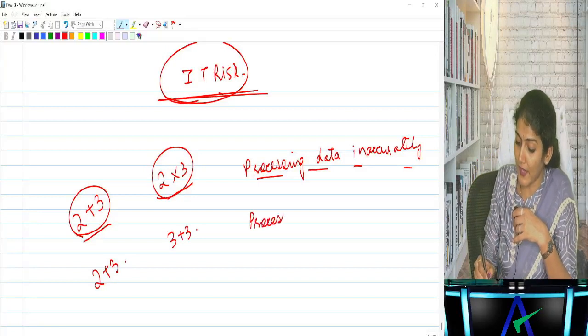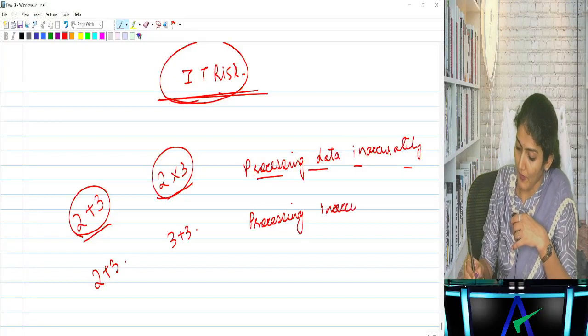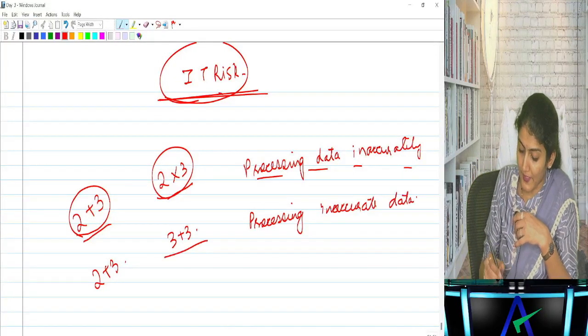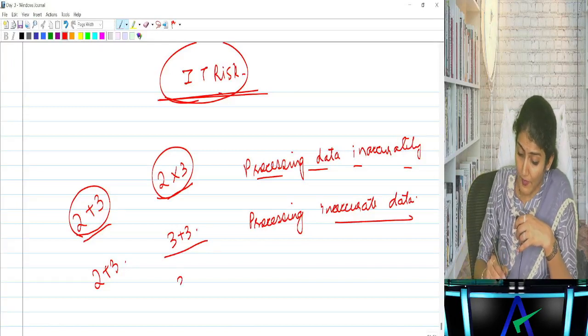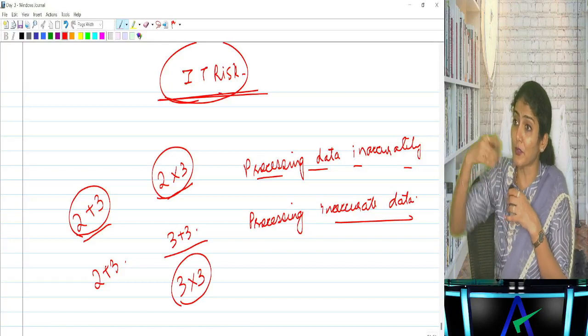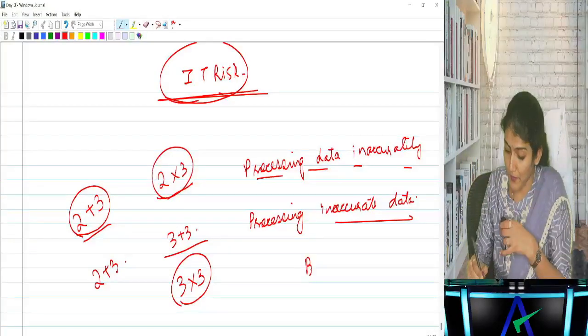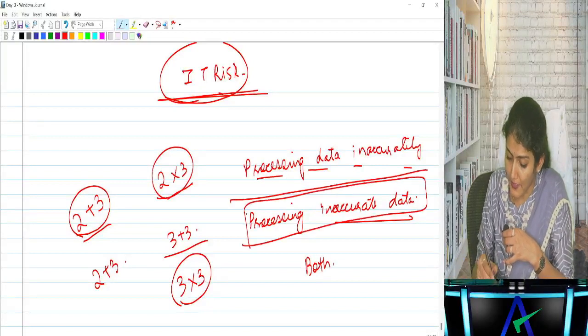There would be the processing of inaccurate data. So instead of 2 plus 3, what data went? 3 plus 3, and that data is inaccurate, and then the processing is also inaccurate. So instead of 3 plus 3, it became 3 into 3.